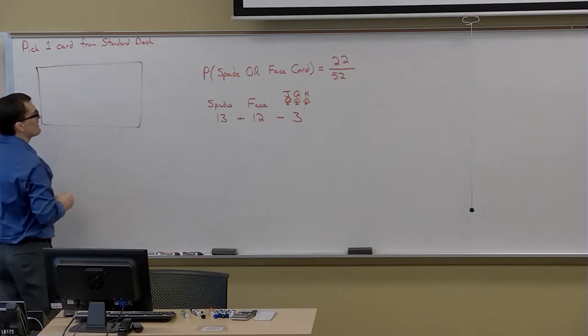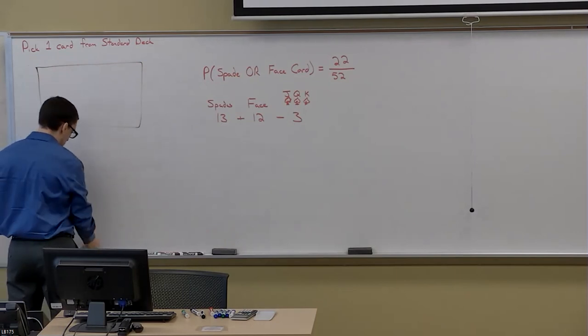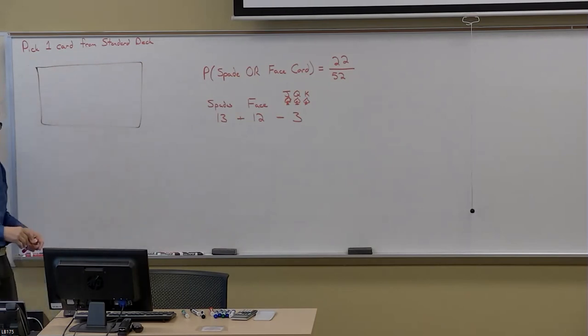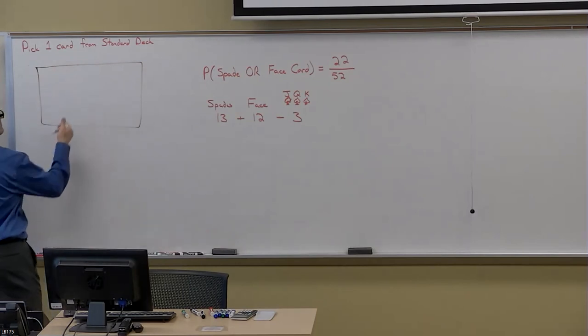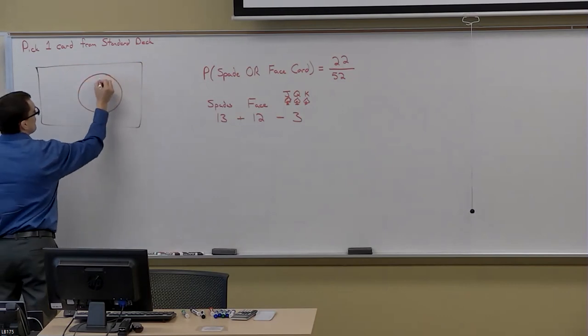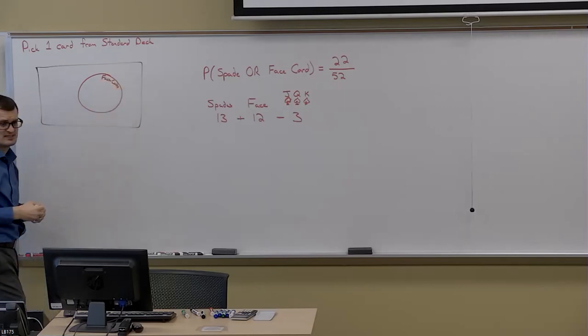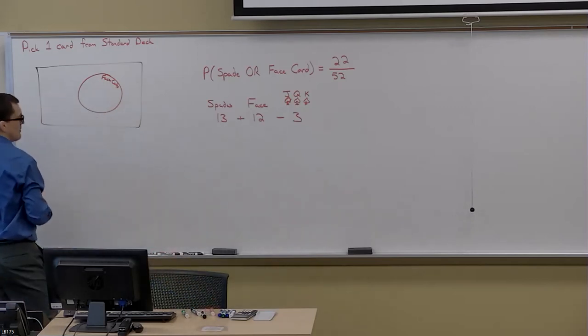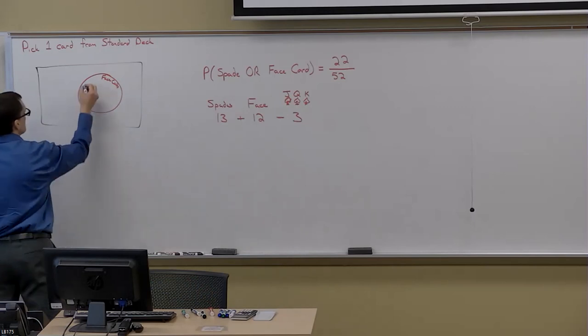All right, think of that rectangle being symbolism for the entire deck of cards. We're going to have a circle that we're going to call face cards. We're going to have a different circle, which we'll call spades.